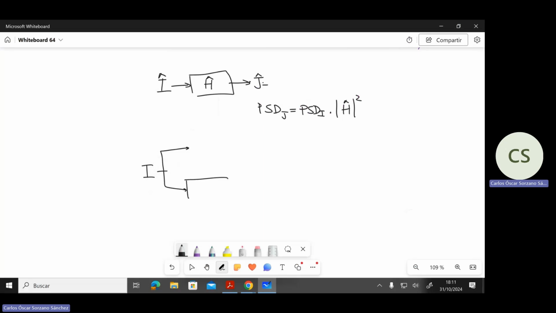Branches. In one of them, we have a high pass filter, and in the other one, we don't do anything. Now, instead of subtracting, we add. So the Fourier transform of J would be the Fourier transform of I times 1 plus the high pass filter.